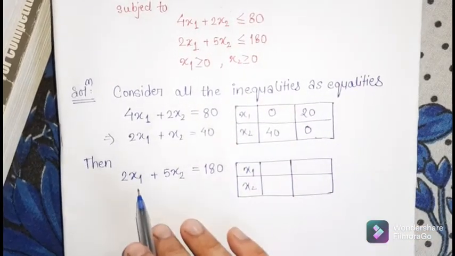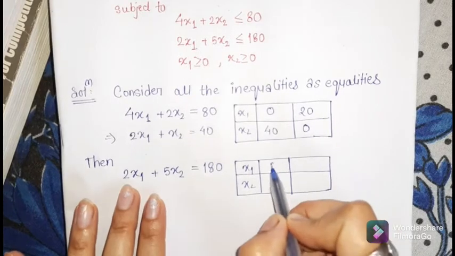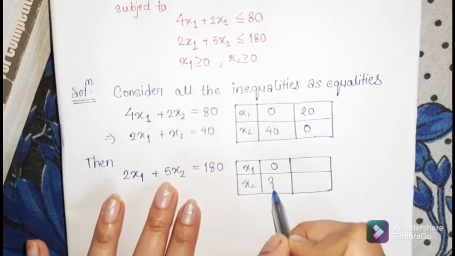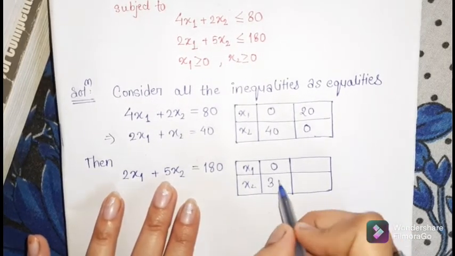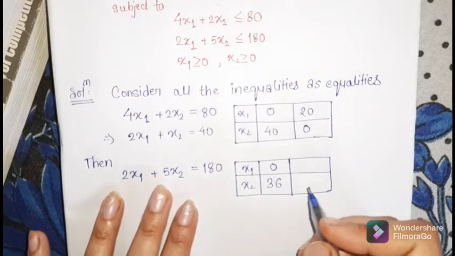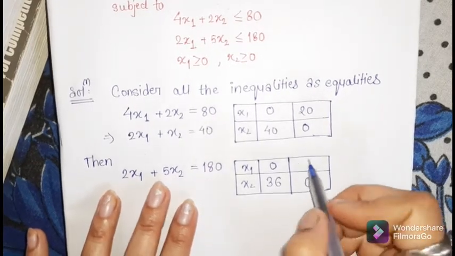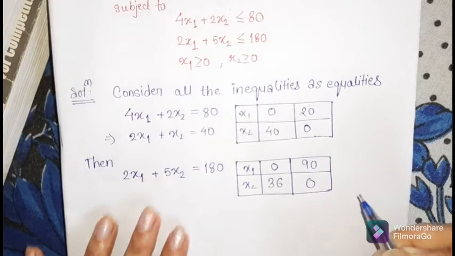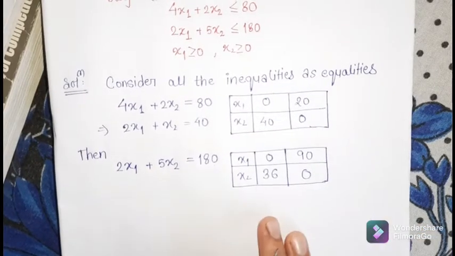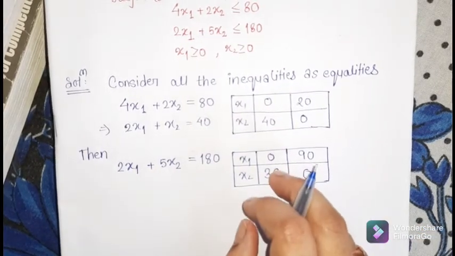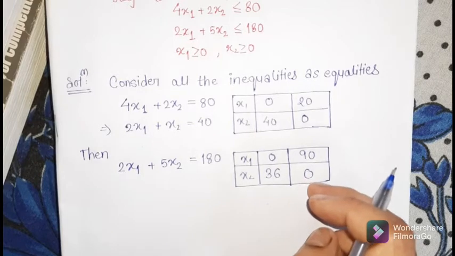When you put x1 as 0, you get x2 as 36. When you put x2 as 0, you get x1 as 90. Okay, so now we get 4 values of x1, x2.